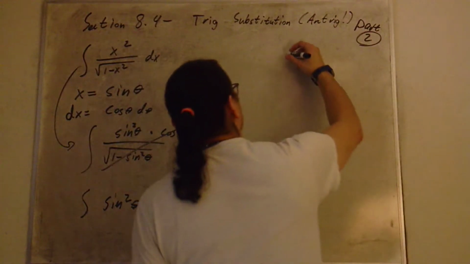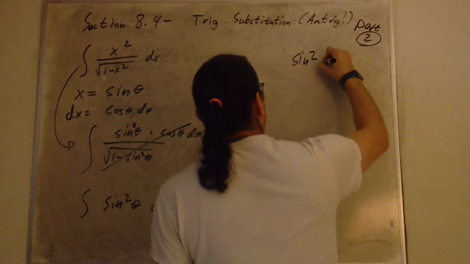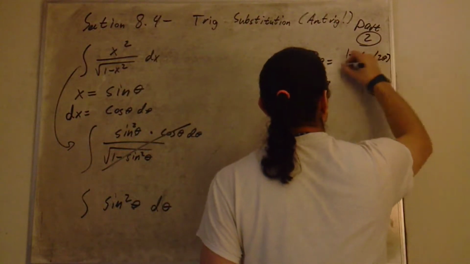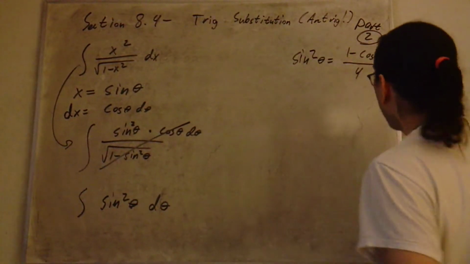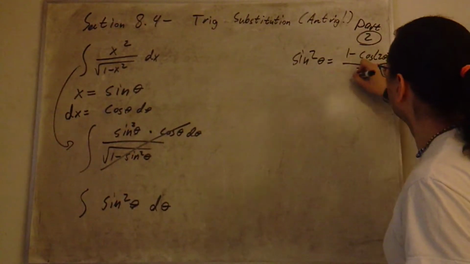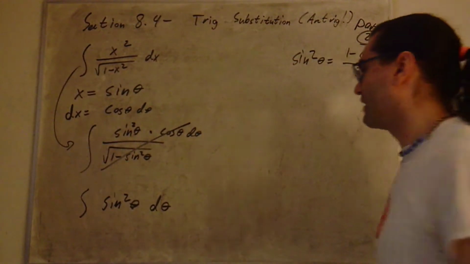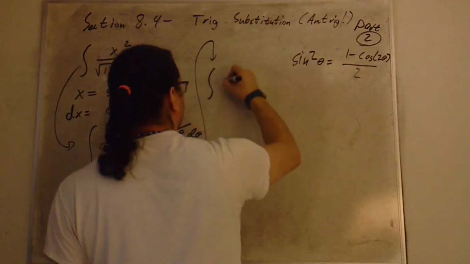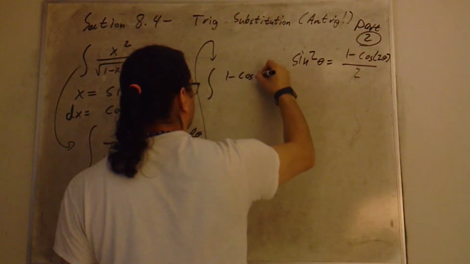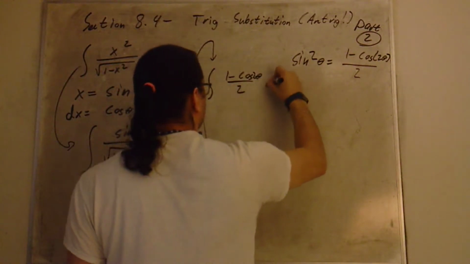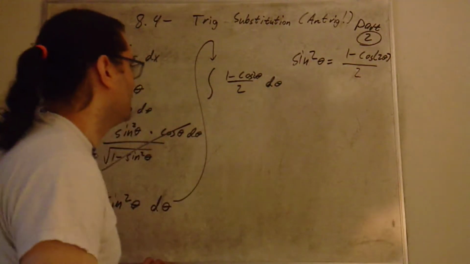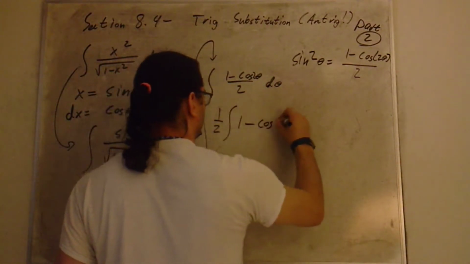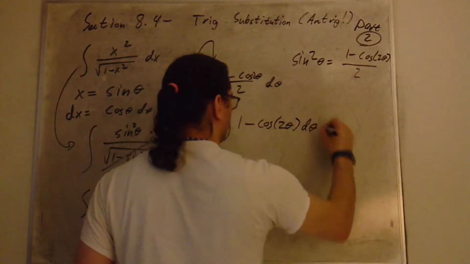The half angle formula for sine is sine squared theta is 1 minus cosine of 2 theta over 4. Sorry, over 2. The 4 is going to get involved later. So I will trig identity this into the integral of 1 minus the cosine of 2 theta over 2 d theta. I'll pull the 1/2 on the outside actually. 1/2 the integral of 1 minus cosine 2 theta d theta.